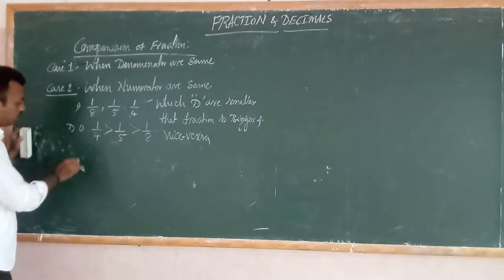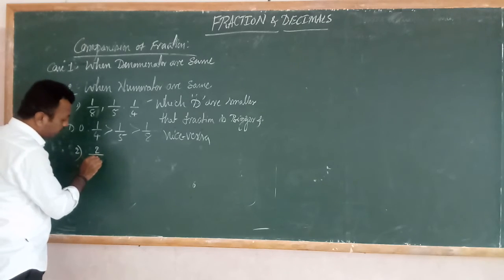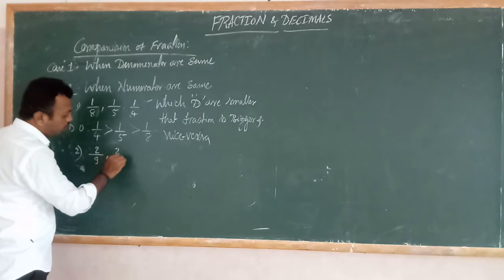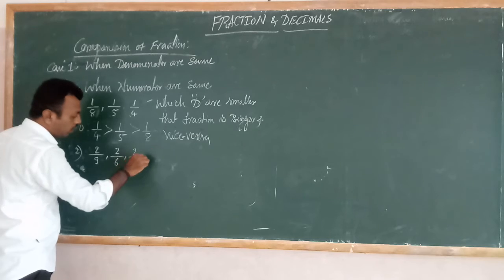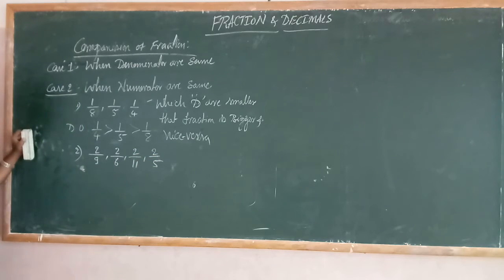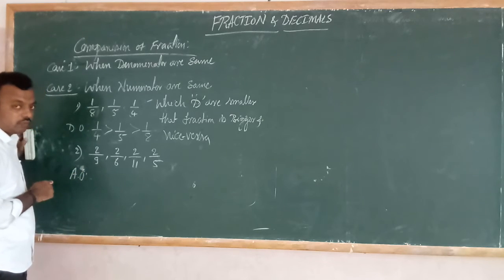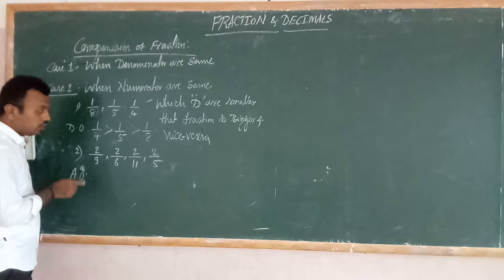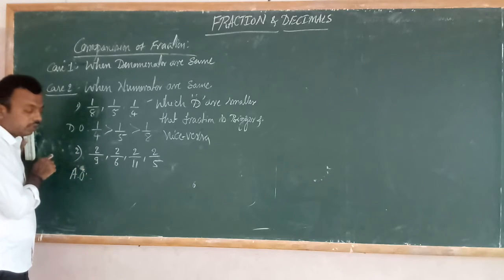I will take another example. 2 by 9, 2 by 6, 2 by 11, 2 by 5. I will write the ascending order, starting from the smaller fractions. If you want the smaller fraction, you have to find the bigger denominator.